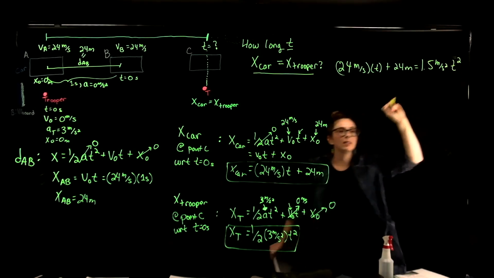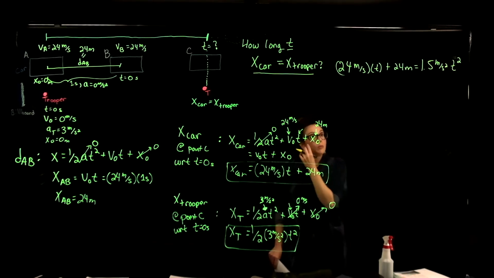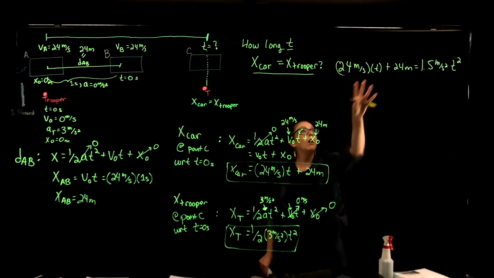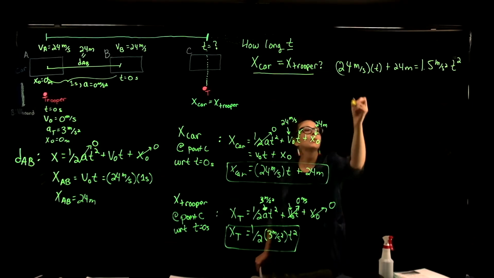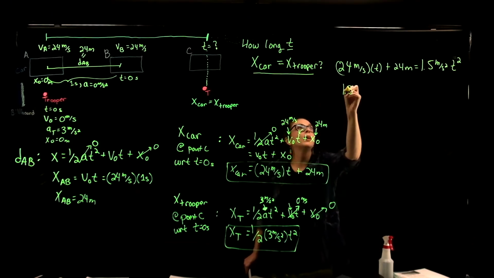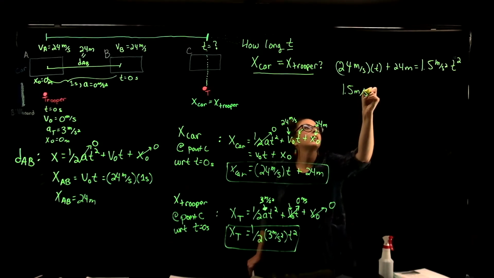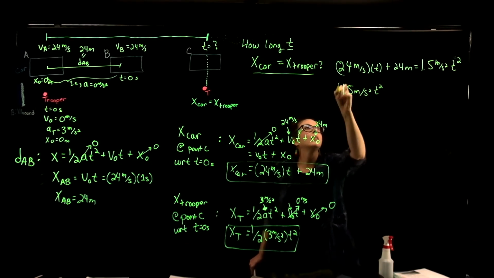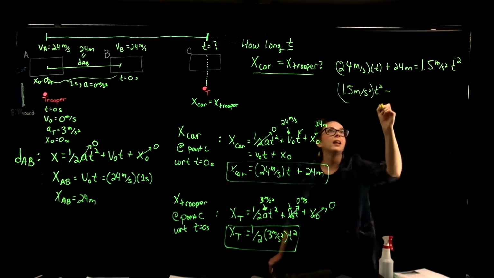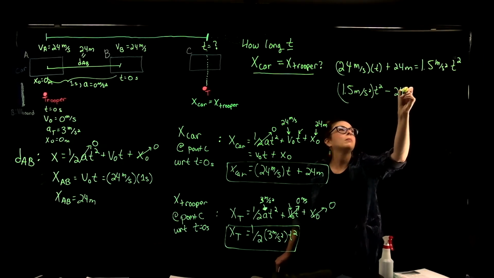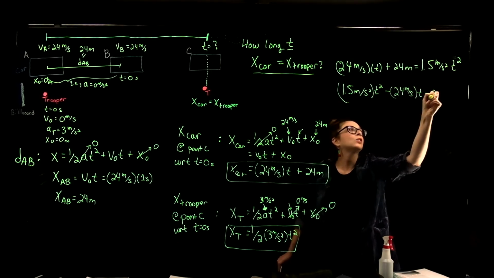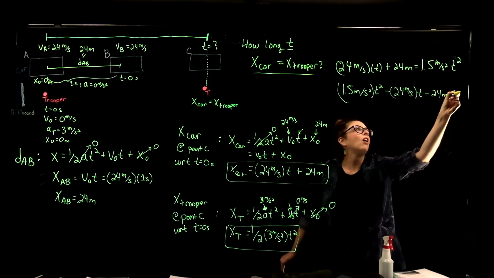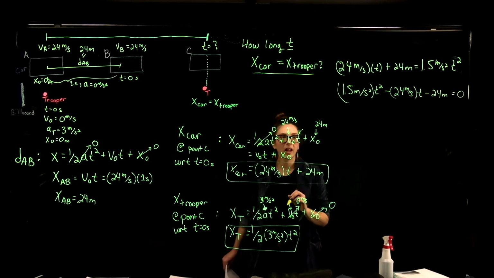t squared. Okay. Now I'm going to rearrange this equation and move all these terms on this side over to the other side of the equal sign. Okay, so then that becomes 1.5 meters per second squared t squared minus 24 meters per second times t minus 24 meters. That all equals 0. Okay.